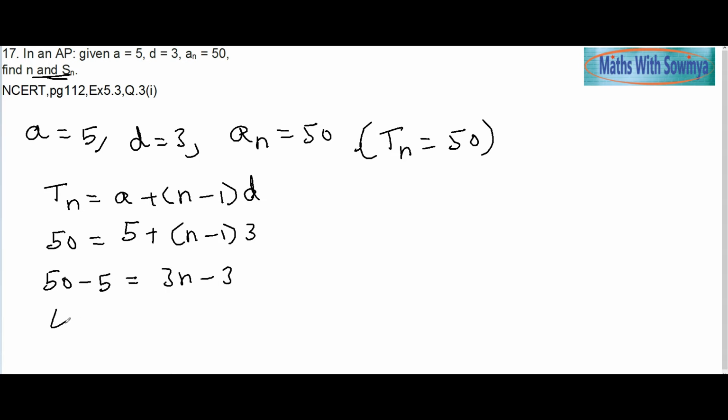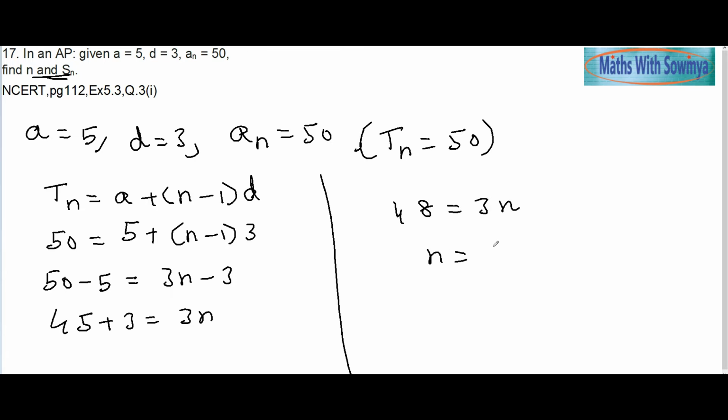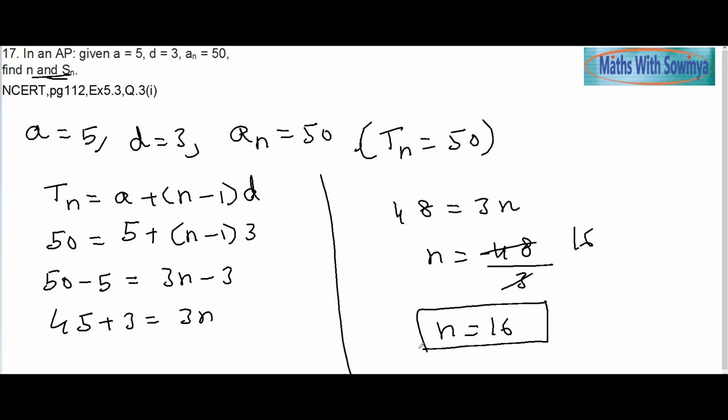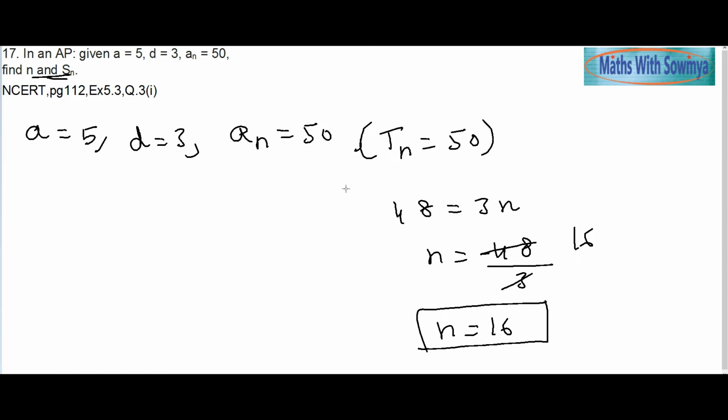3n minus 3, 45 plus 3 is equal to 3n. 48 is equal to 3n. n is 48 by 3. So the n value we got is 16. Using this I can find Sn now. We got here n is equal to 16.